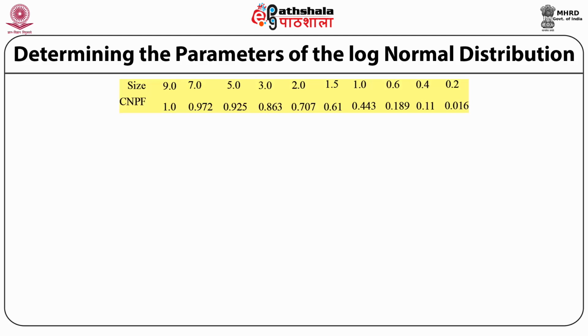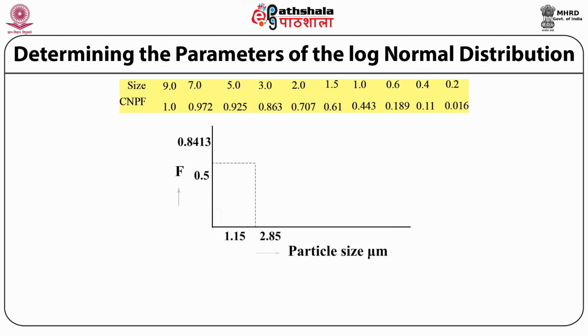Assuming that the powder follows a log normal distribution, let's find the geometric mean and geometric standard deviation of the distribution. As you can see, this figure is the plot of particle size d versus CNPF as fraction.